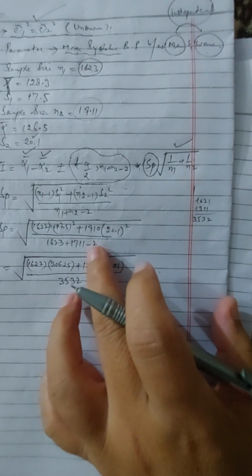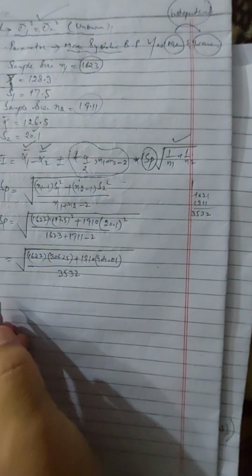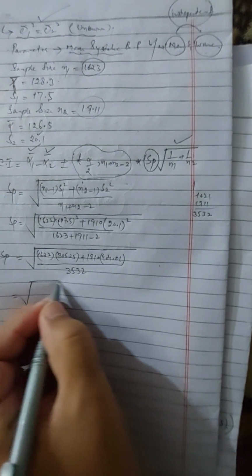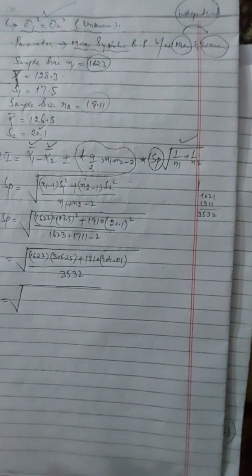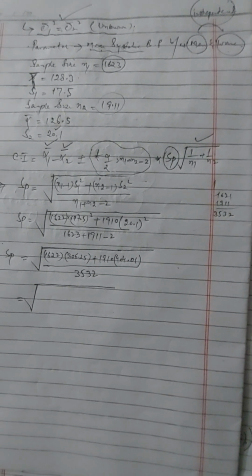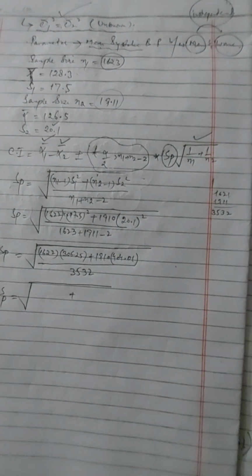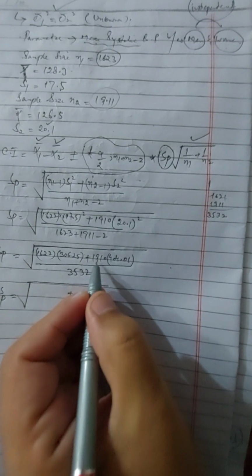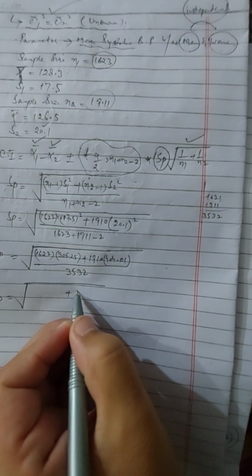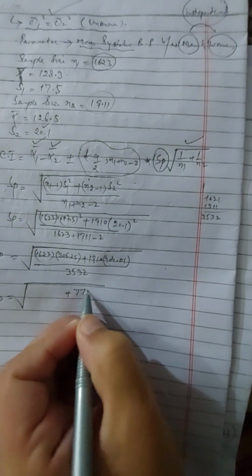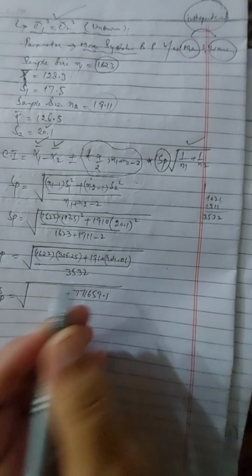Let's multiply and add these and divide by 3532. So, for Sp, the second term, 1910 multiplied by 404, gives us a value of 771659.1.